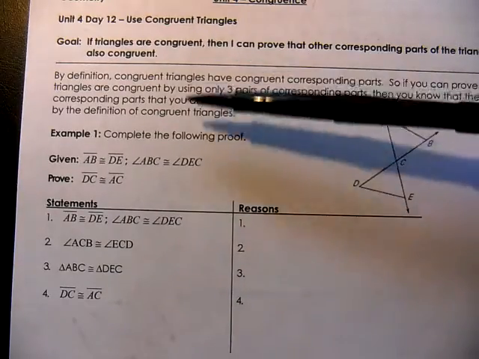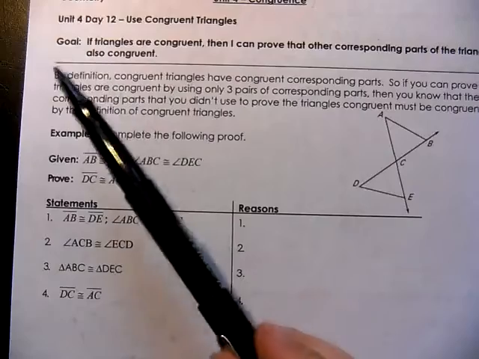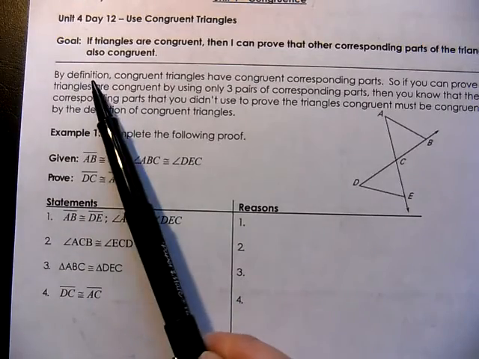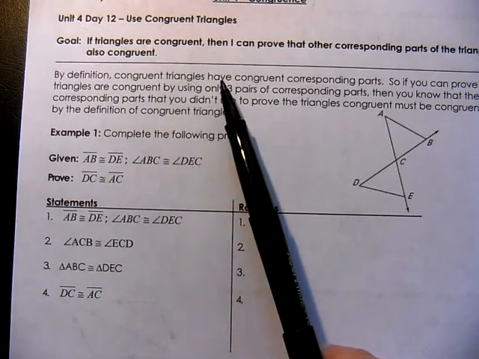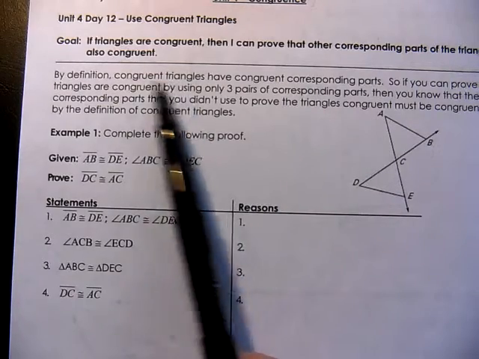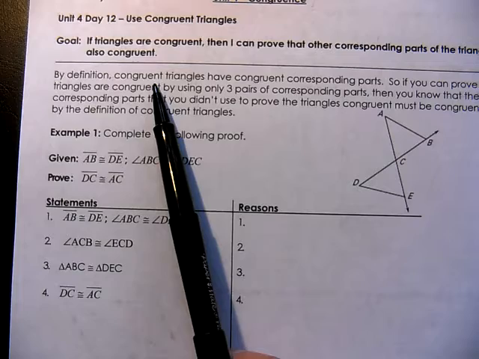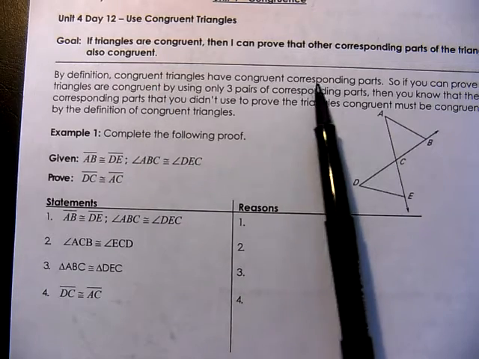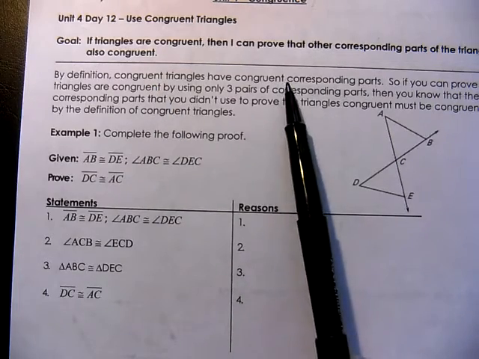And that's what this little introductory paragraph is talking about. It says, by definition, congruent triangles have congruent corresponding parts. That means if your triangles are congruent, what do we know about the other parts? Well, those other corresponding parts must also be congruent.